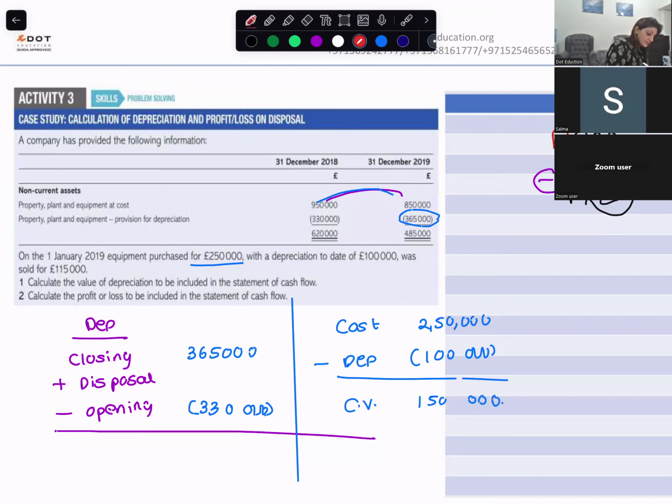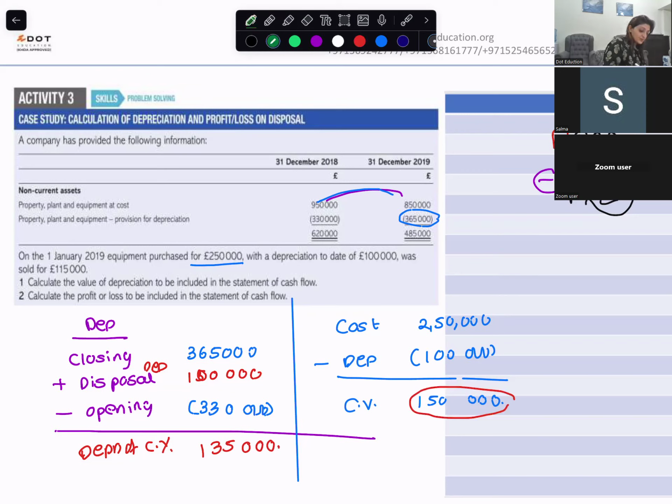So depreciation of the current year is how much? 135,000.